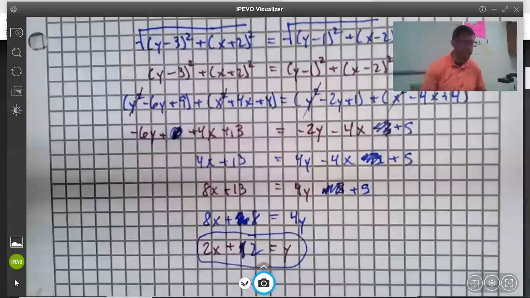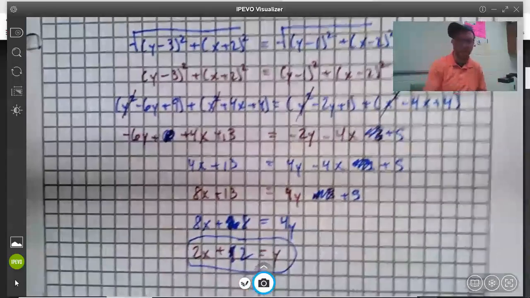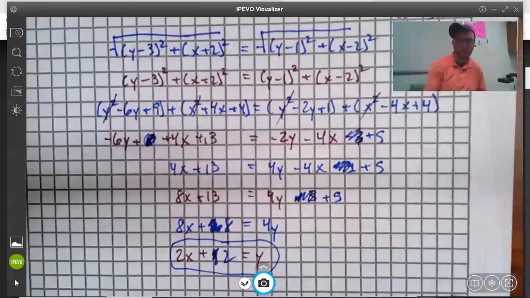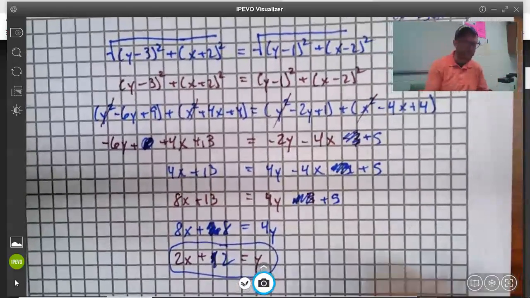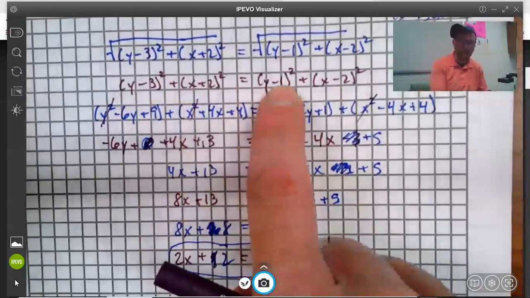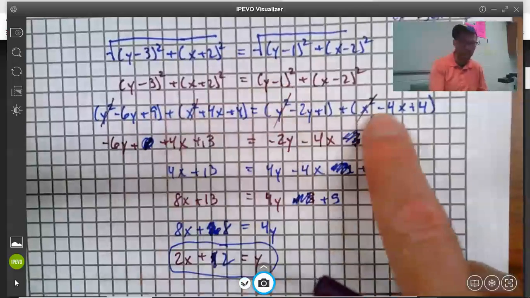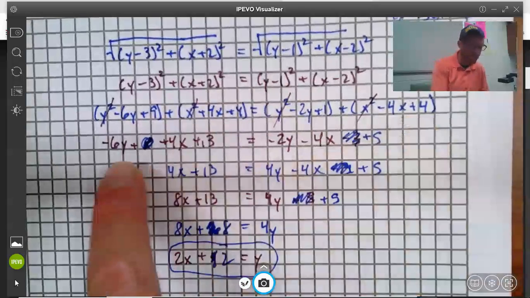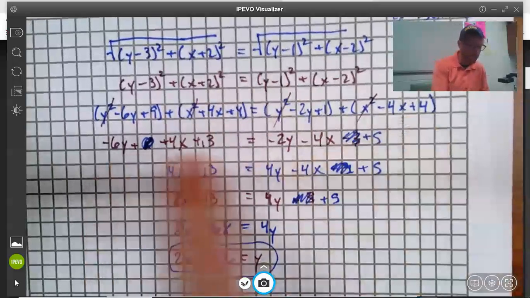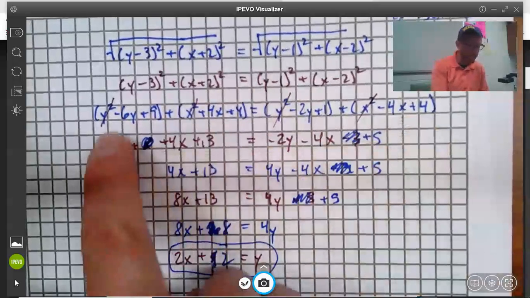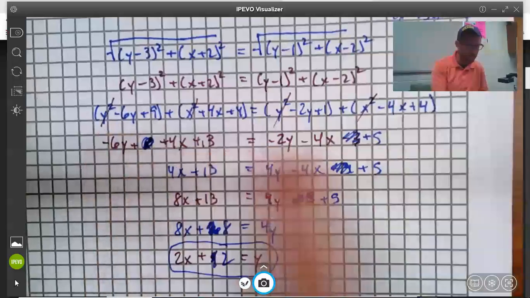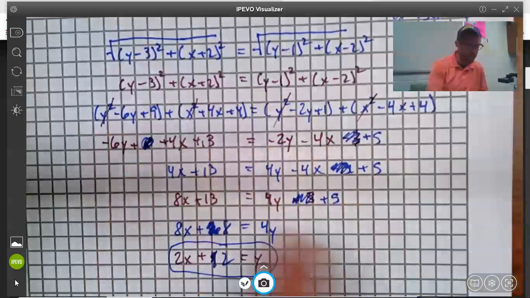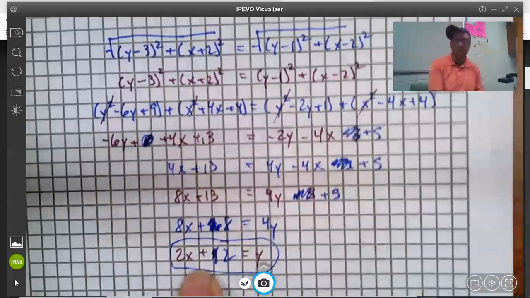So again, we start out by saying that the two expressions are equal to each other. Then we squared both sides to get rid of the square root brackets. We expand the binomials, hopefully not screwing it up like I did the first time. And then we simplify the expression by combining like terms and subtracting the same amounts from each side until we whittle it down to the equation for the perpendicular bisector.